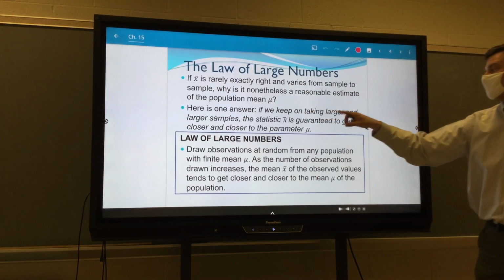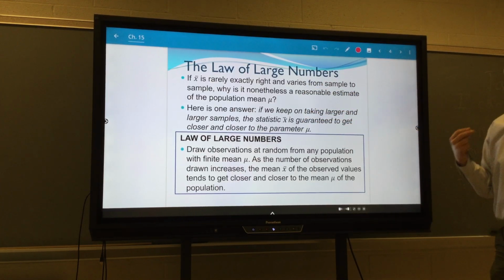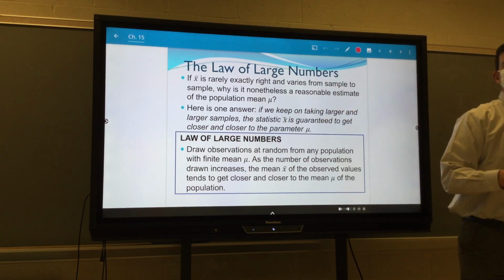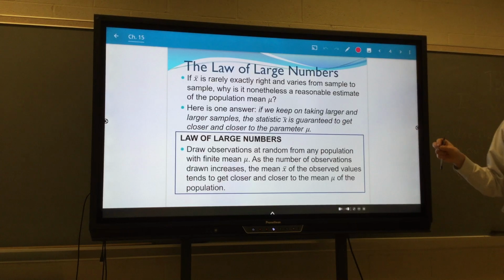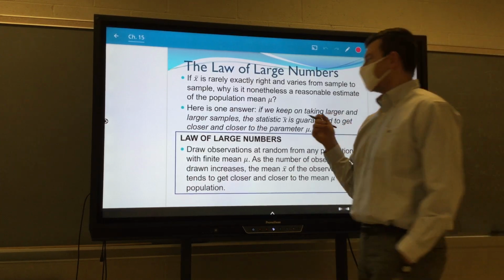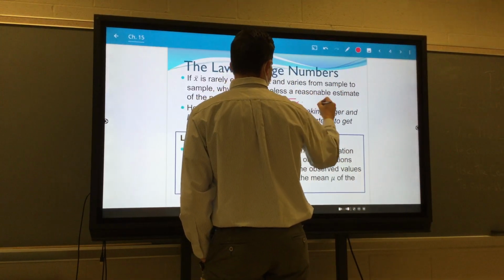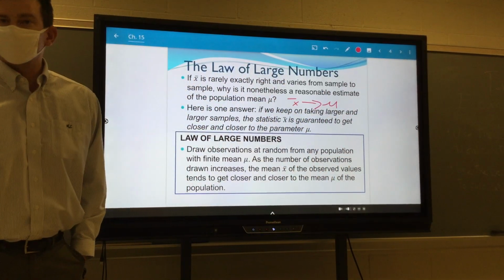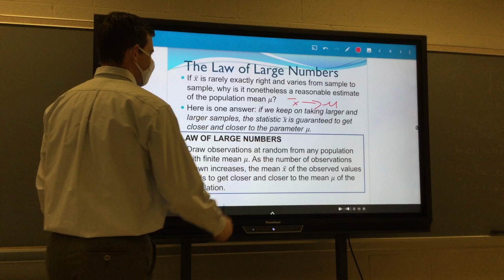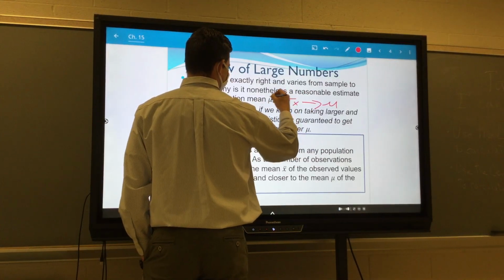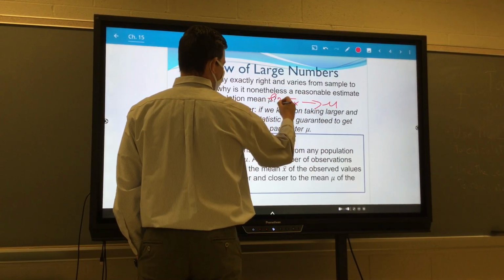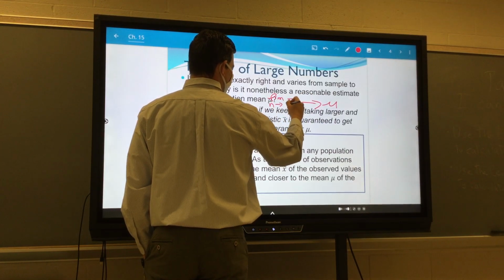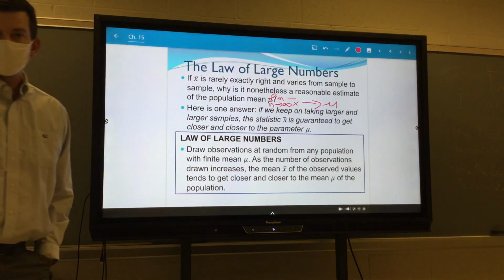If we keep taking larger and larger samples, that X bar statistic is guaranteed to get closer and closer to that parameter mu. Essentially, we're taking a limit. If you want to bring in calculus here, we're taking the limit of all of these X bar values as n, the sample size, approaches infinity.